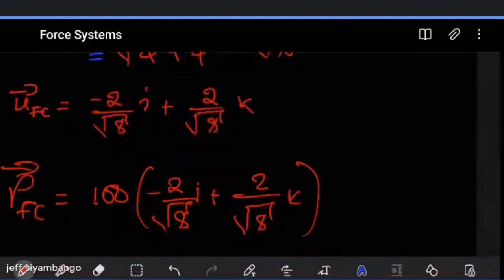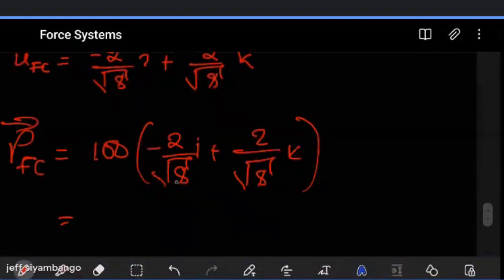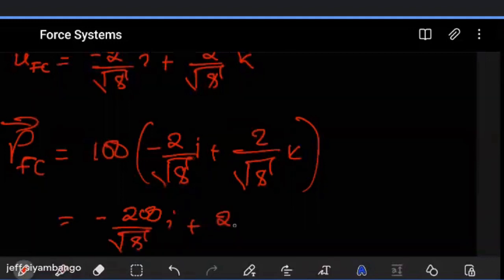What are we getting here? Multiply the 100 by 2 divided by √8. What are you getting there? Or maybe we just leave it the way it is: minus 200 over root 8 i plus 200 over root 8 k. So we have got our force.